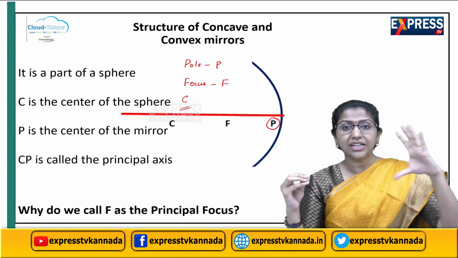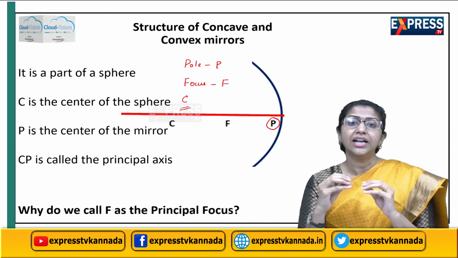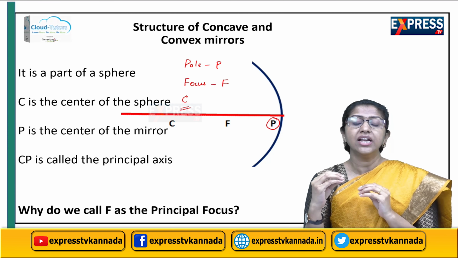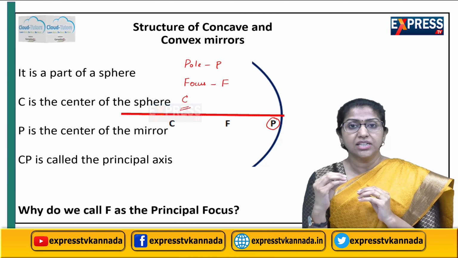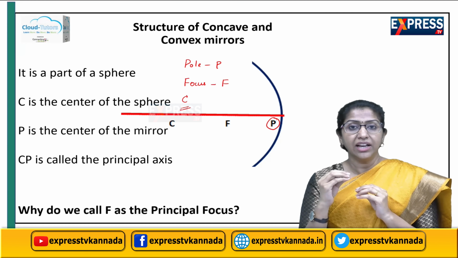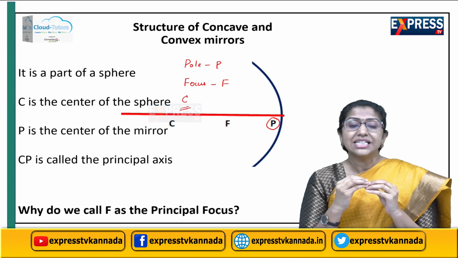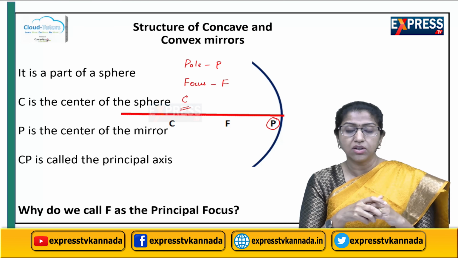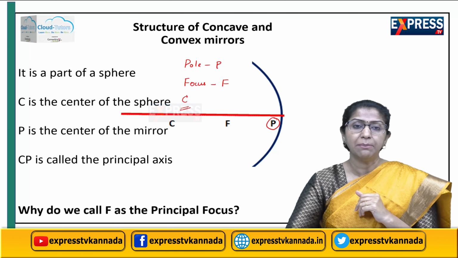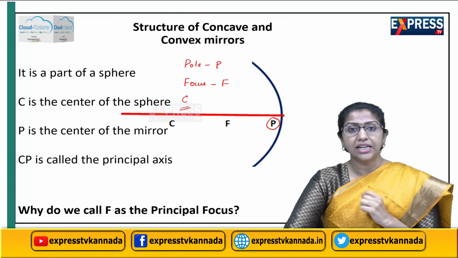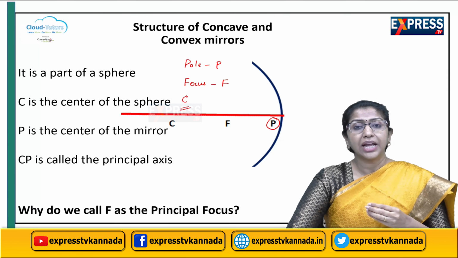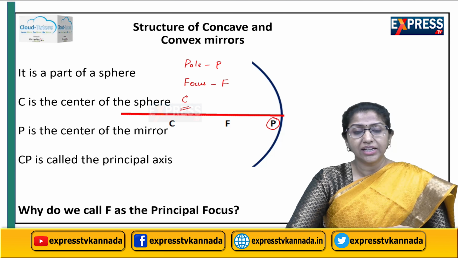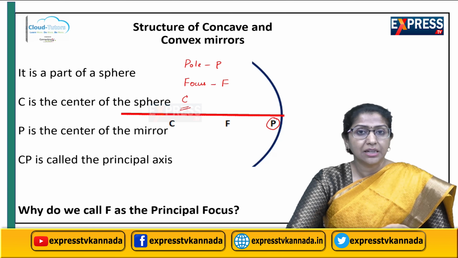So the diverging light seems to come from the principal focus, and the converging rays of light actually tend to converge at the principal focus in front of the concave mirror. This is exactly the reason why it is called the principal focus or focal point of spherical mirrors. With this understanding, let's look at a few important methods to locate the images formed by spherical mirrors.